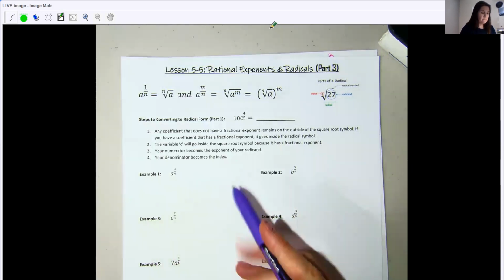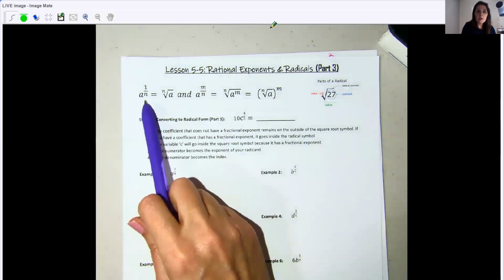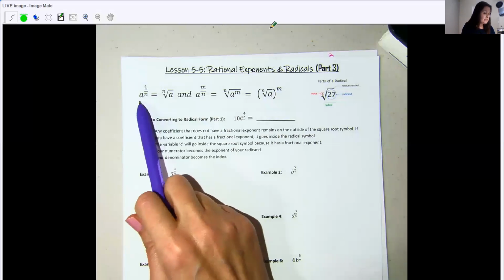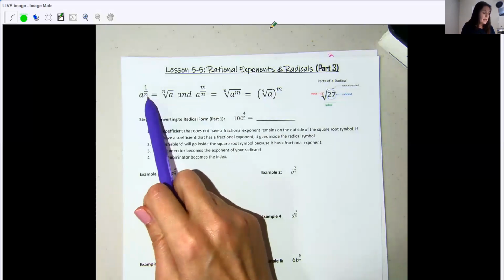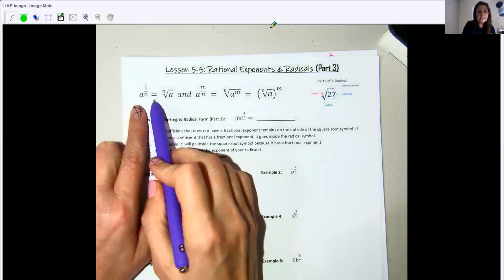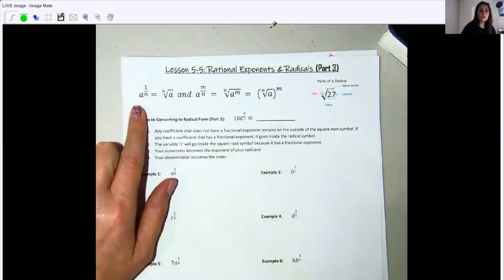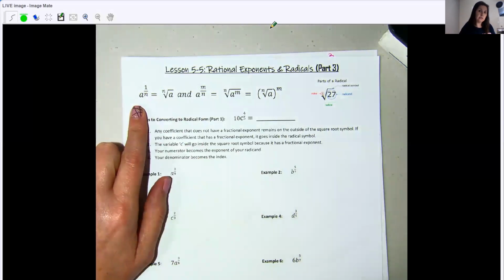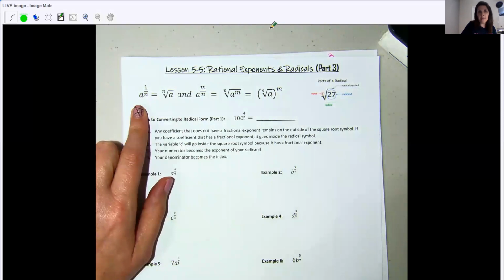And so if you look up here at the top of your notes, it says a to the power of 1 over n. And when we put it into a square root, we take the numerator and that goes inside the square root symbol with your variable or your term that has the exponent that is a fraction.